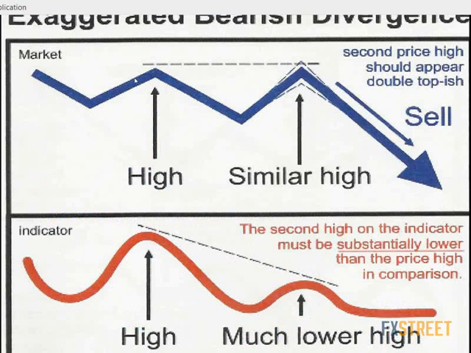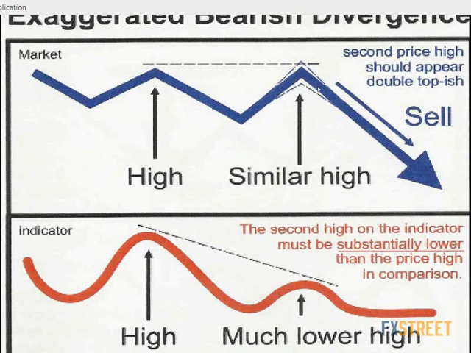So when you see a double top or something similar to a double top on the price and a lower high on the indicator, you know that there is exaggerated bearish divergence. Okay? The price will appear double topish. It looks like some sort of double top.